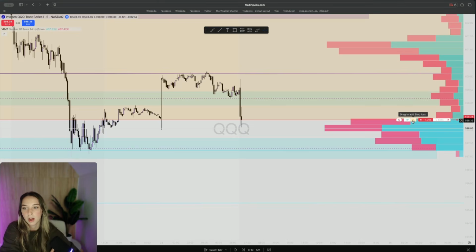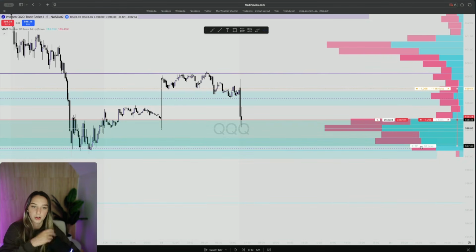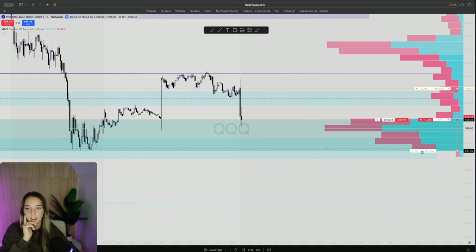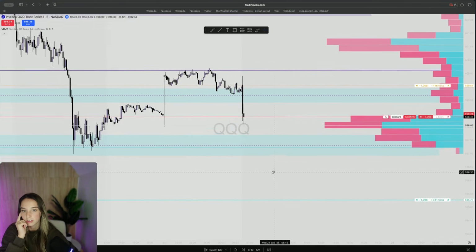And where would I put my stop loss? I'm going to put my stop loss up above this demand zone. Now for my take profit, ideally I would want to be taking out some of my contracts right here at this next support level. Unfortunately with replay mode, I can't just take partials. So what I'm going to do is put my exit at this next support area, and hopefully that hits it.